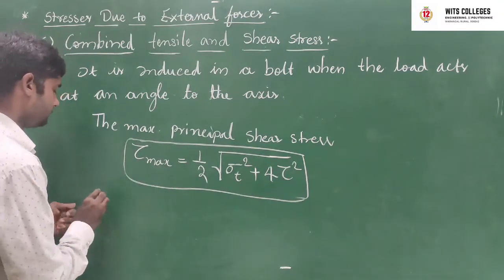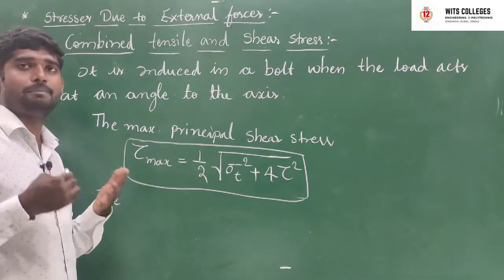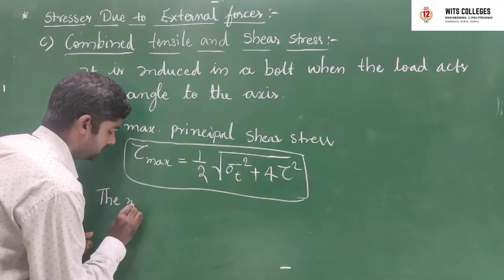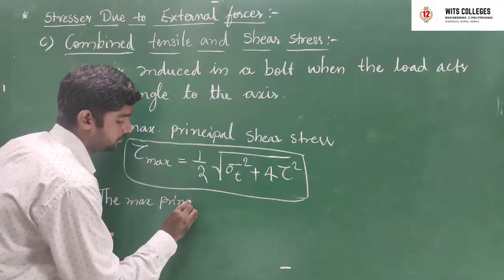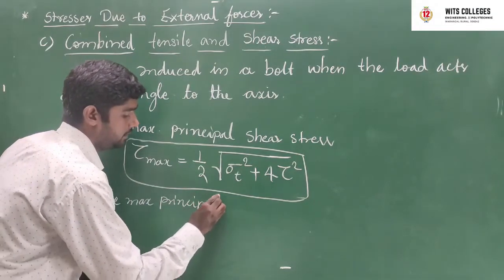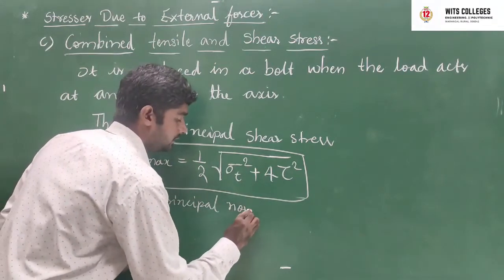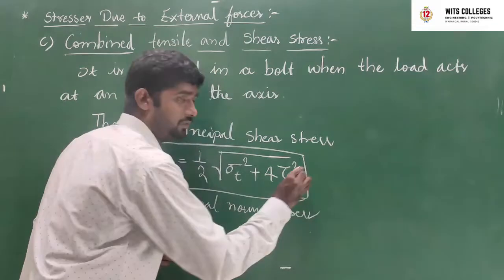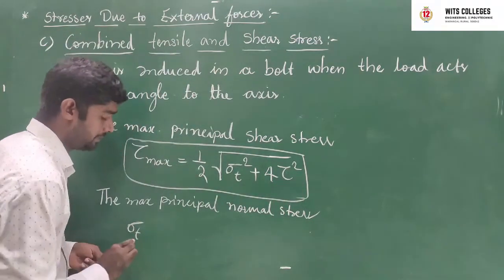Next one is the maximum principal normal stress theory. Using this, the normal stress is denoted by sigma t max.